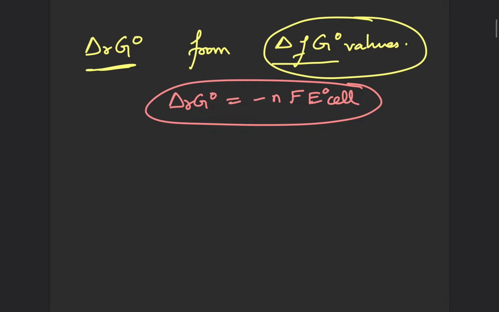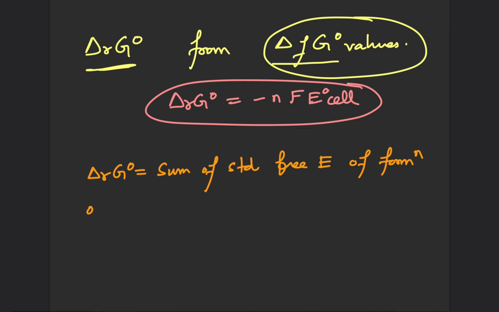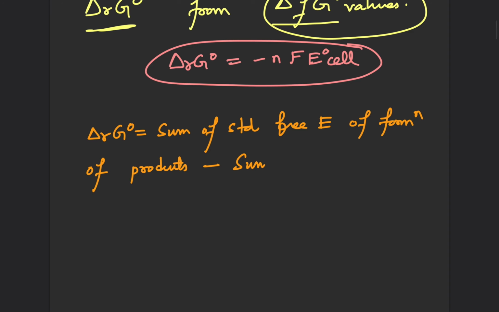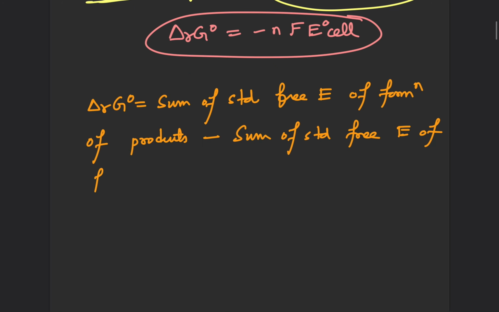So we know that delta R G naught is equal to the sum of standard free energy of formation of products minus the sum of standard free energy of formation of reactants, right?